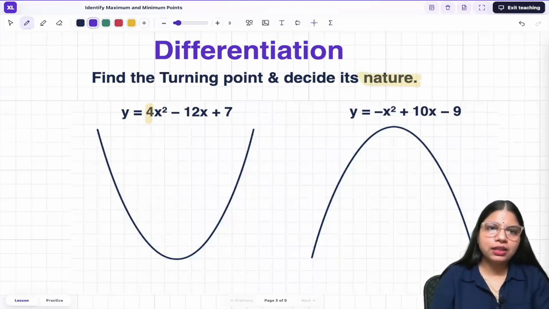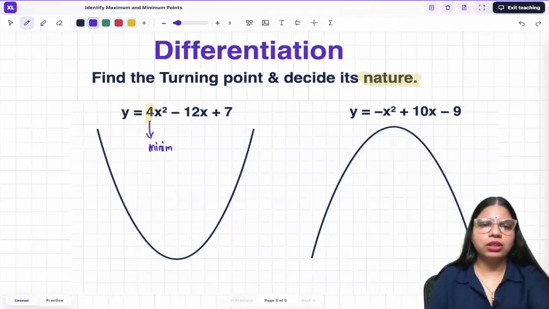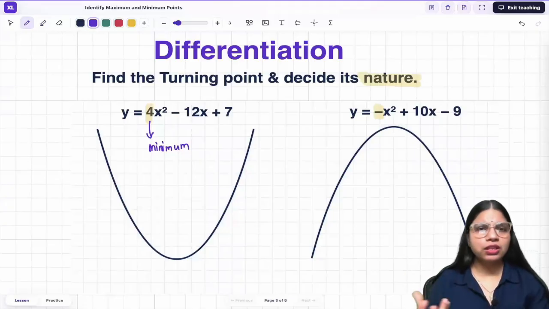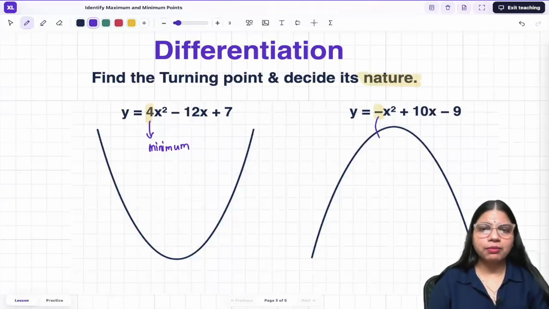The nature would be minimum. You can take a note of minimum. We also call it minima. And if the coefficient of x squared is negative, it could be -5, -6, -2/3, anything, but it's negative, that means we are going to be getting a maximum point, right?